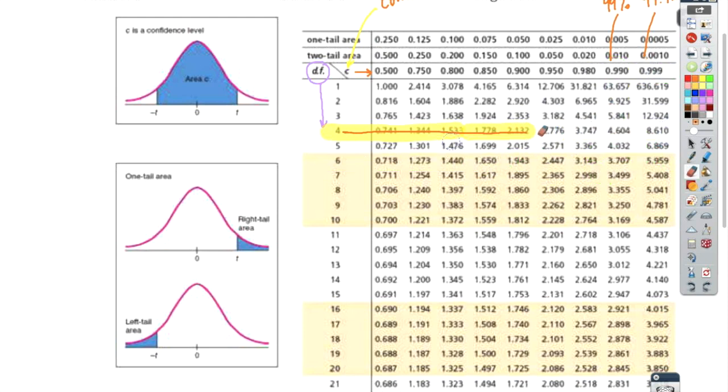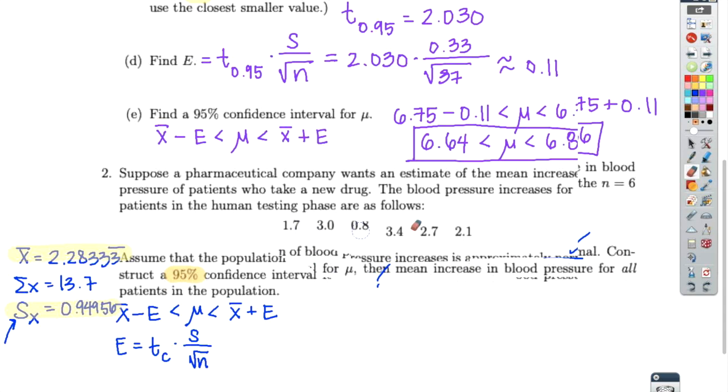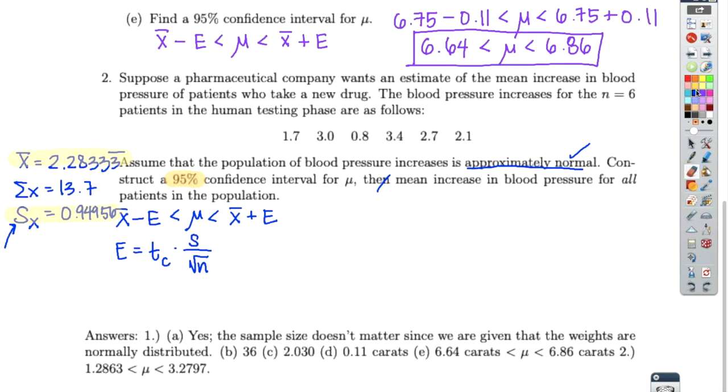So looking at what I've got here, going back to this problem, if I've got a sample size of 6, I've got 6 values here, then my degrees of freedom are 6 minus 1, so 5. Degrees of freedom 5, confidence level 95%.